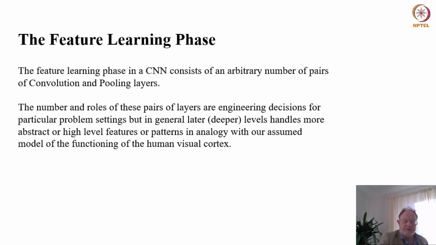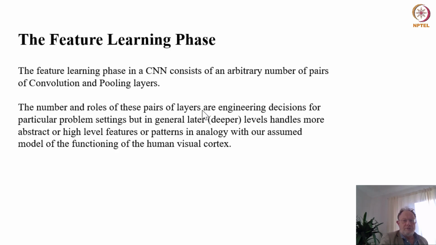We will start with what is most characteristic for a convolutional network. This is the convolution and pooling phases. These phases together one can characterize as the feature learning phase. The feature learning phase is a network consisting of an arbitrary number of pairs of convolution and pooling layers.